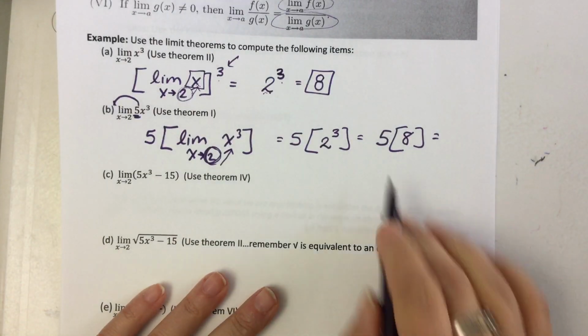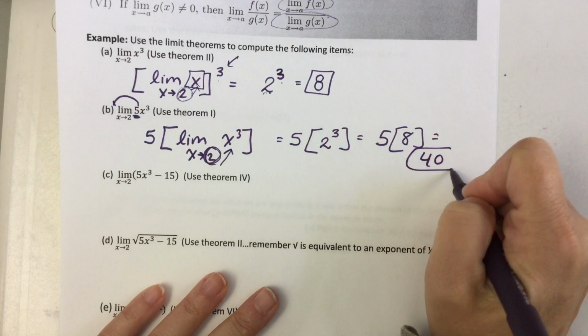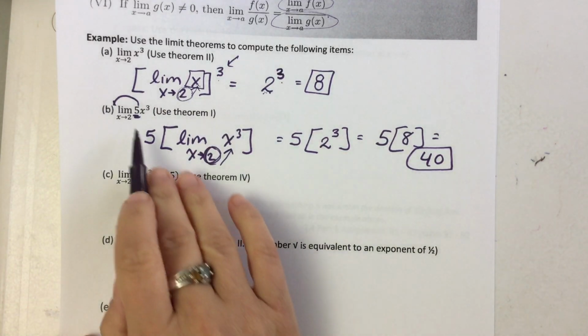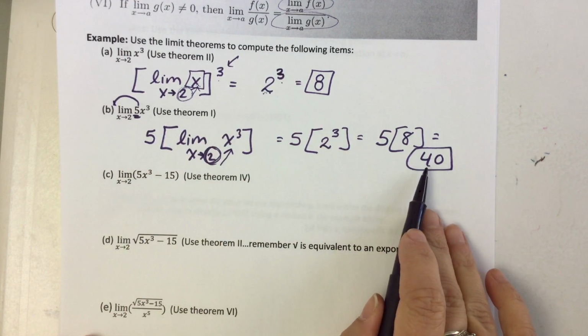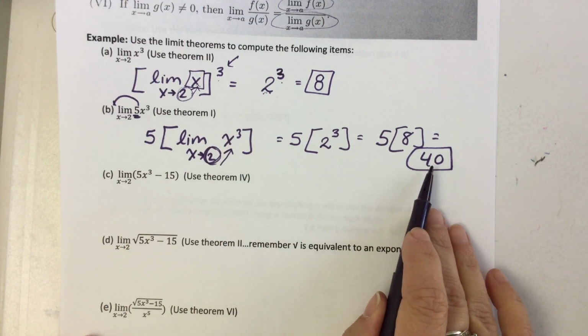So your limit, 5 times 8, is 40. What that means is if I graphed 5x cubed, coming in from the left and the right side of 2, the values will keep getting closer and closer to 40.